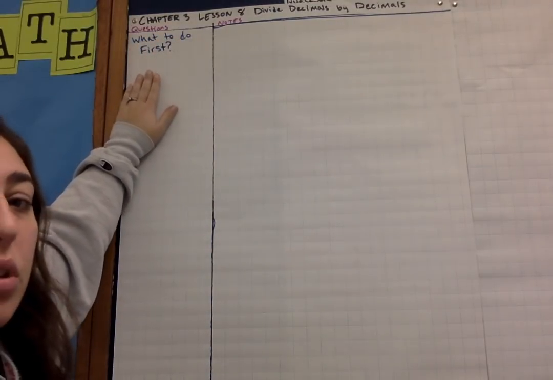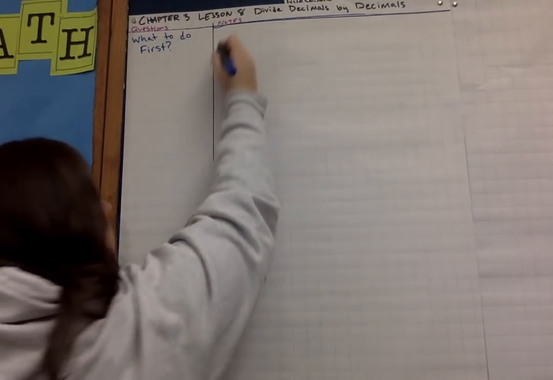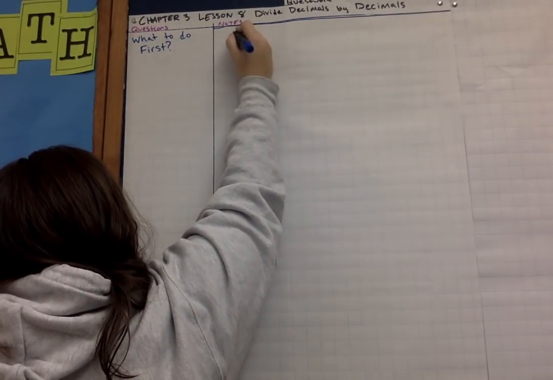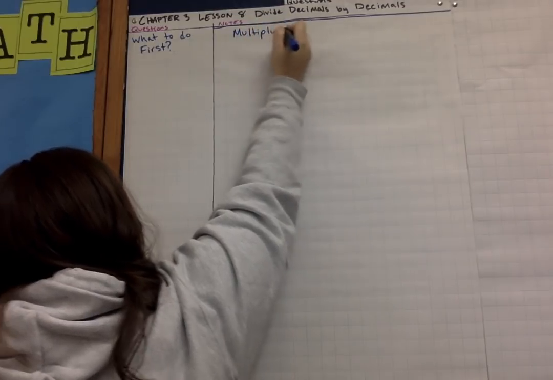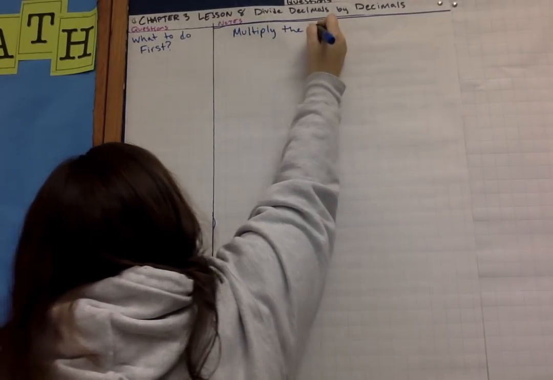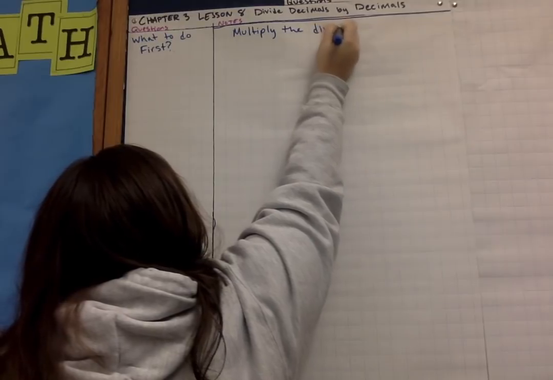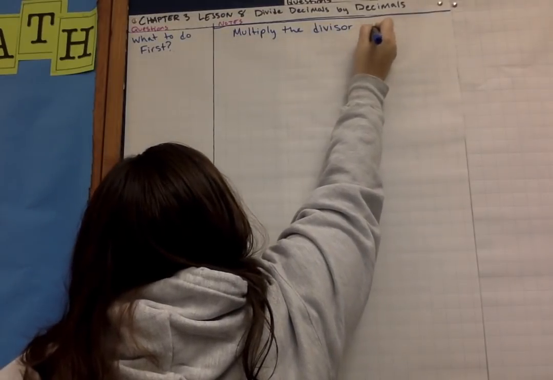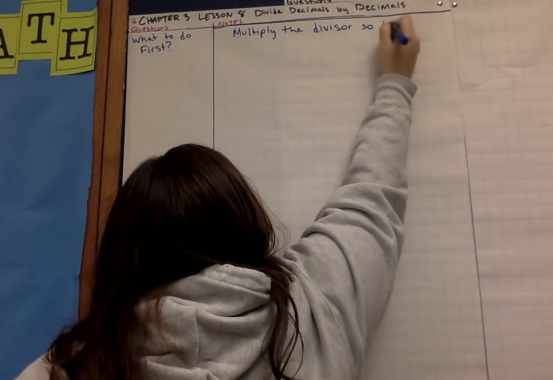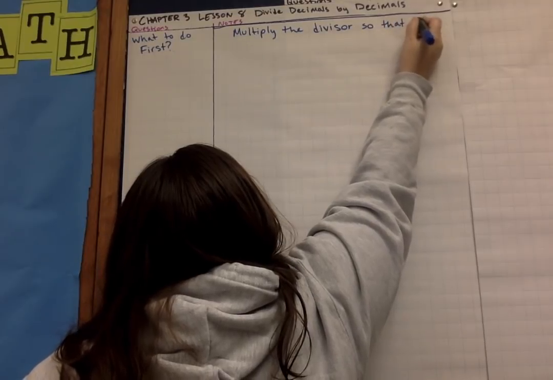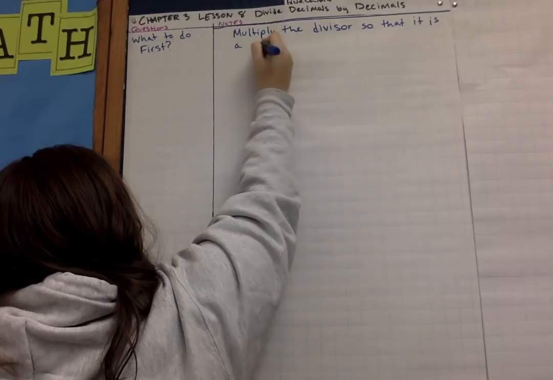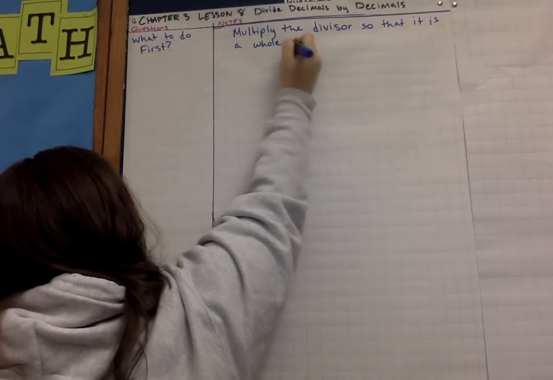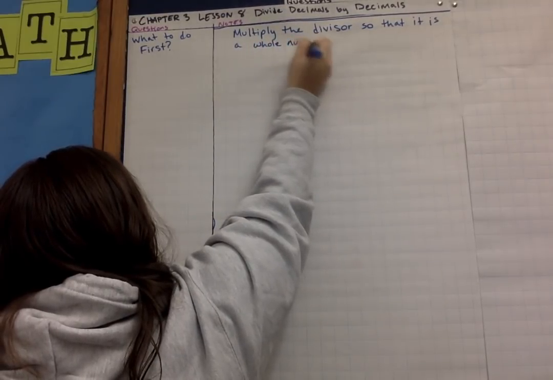So here I just wrote the question, what to do first, and we're going to write: multiply the divisor so that it is a whole number.